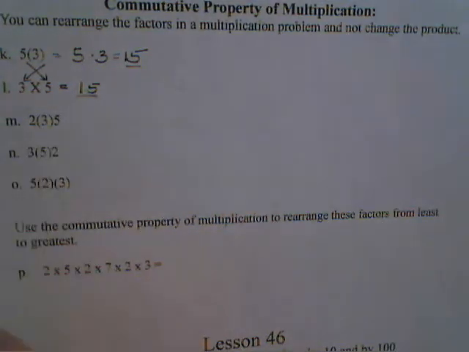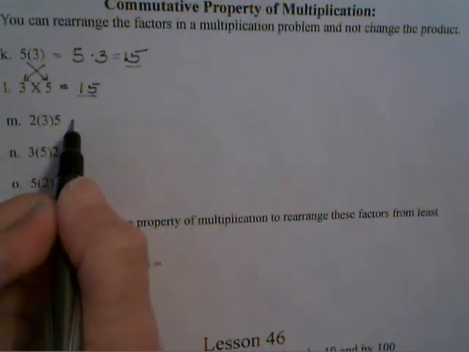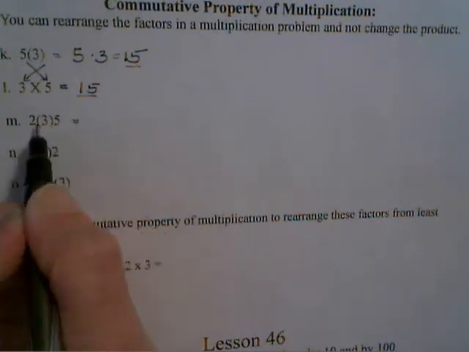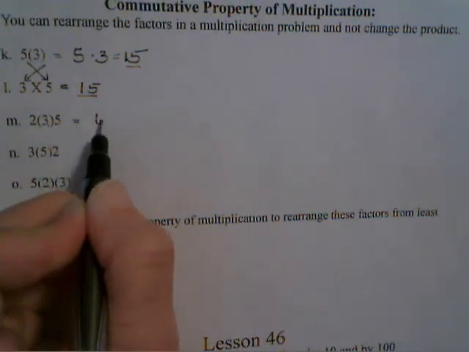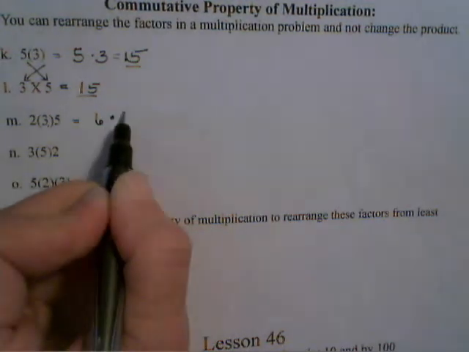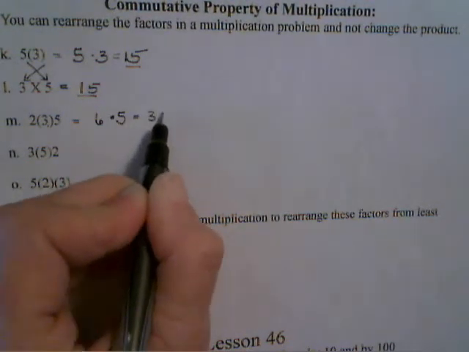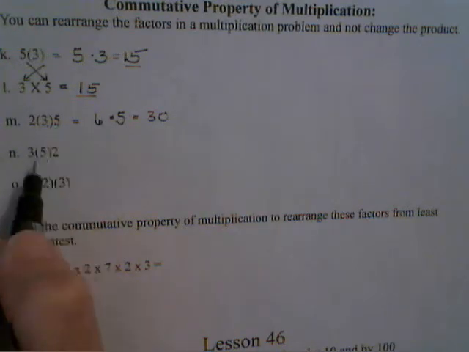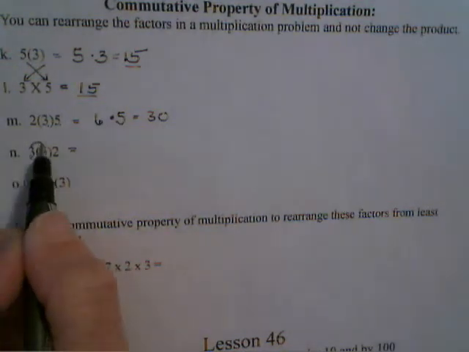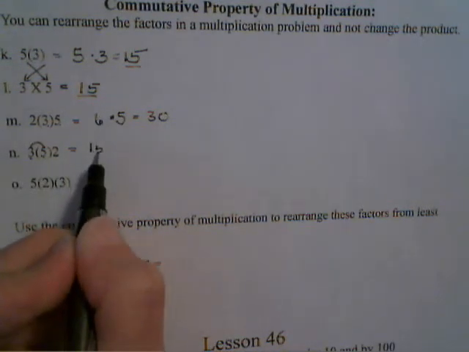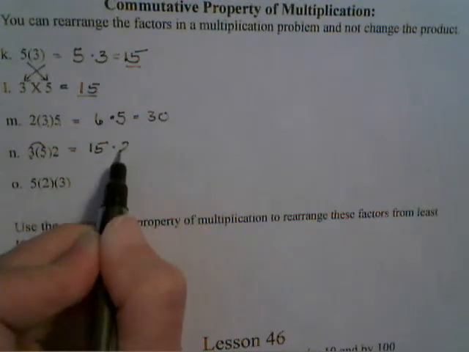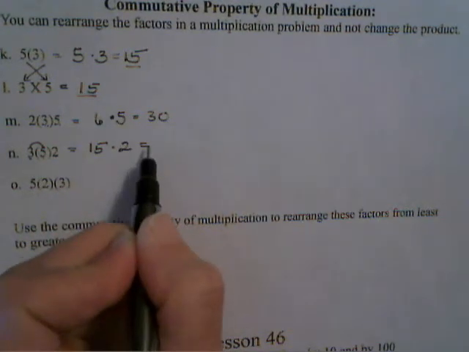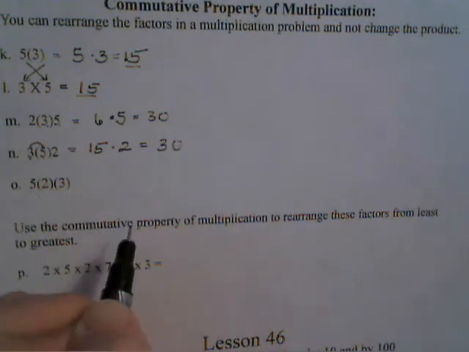So let's do this sample down here because we have 3 numbers. We have 2 times 3 times 5. Well, 2 times 3 is 6, and I got to still multiply that by 5, and I get 30. Here's the same numbers. I got a 2, a 3, and a 5. But this time, I'm going to do 3 times 5 first, which is 15, and then I'm going to multiply that by 2, and 15 times 2 is also 30.